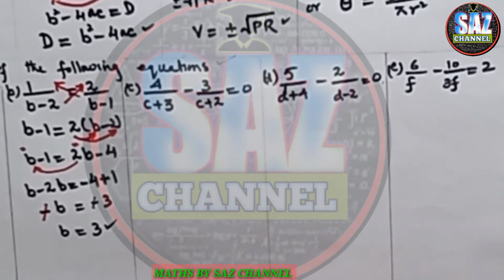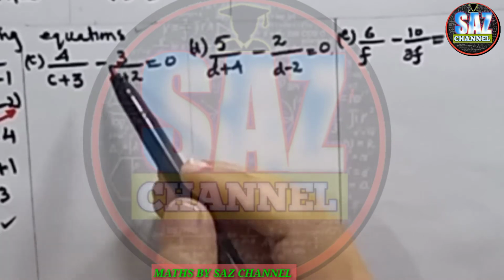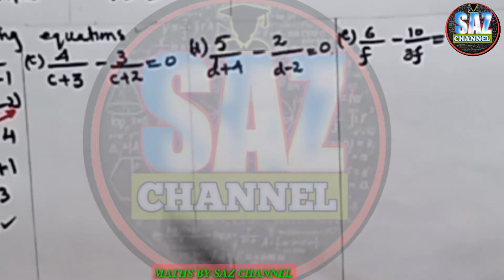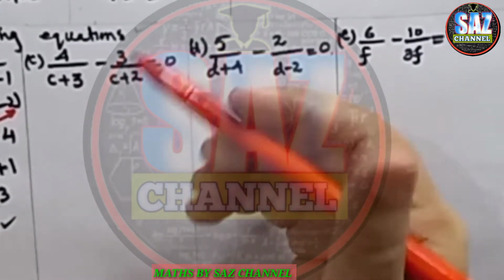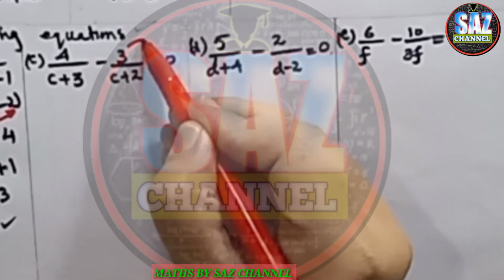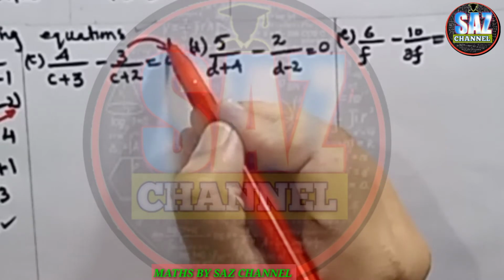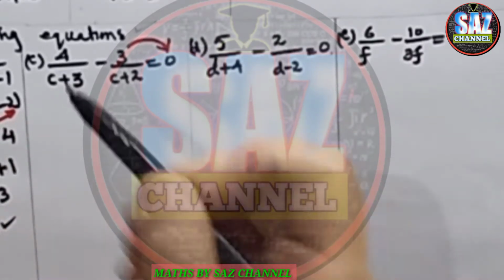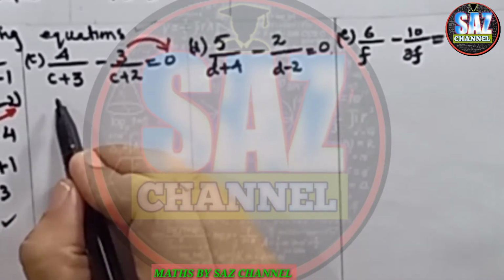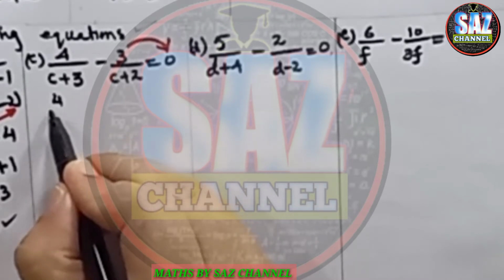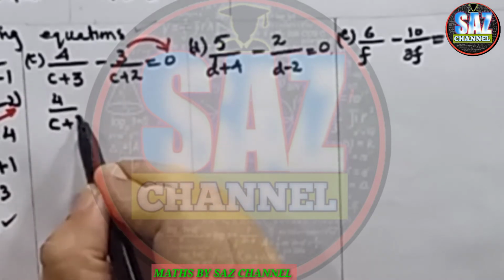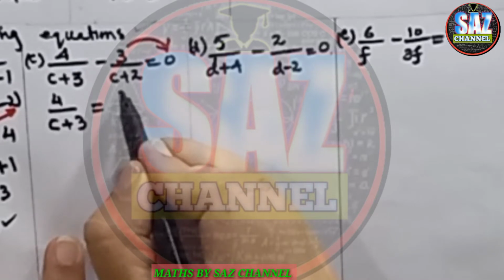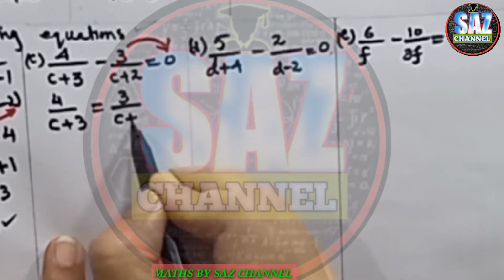Next question is 4 upon c plus 3 minus 3 upon c plus 2 equals 0. As the right hand side of the equation is 0, I can easily shift this fraction to the other side. So my question will be similar to the previous two parts, and the equation will take the form 4 upon c plus 3 equals 3 upon c plus 2.